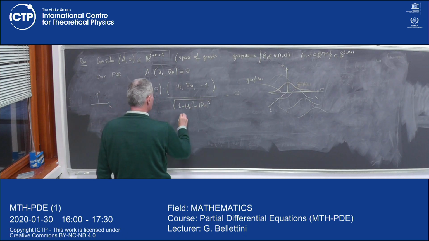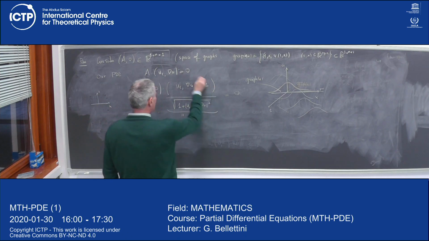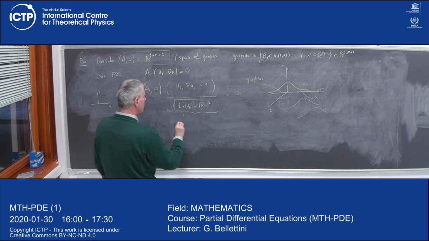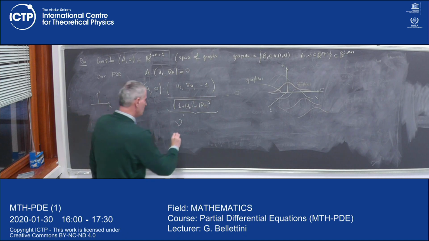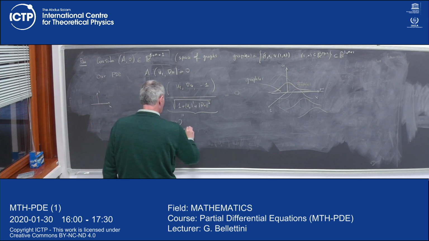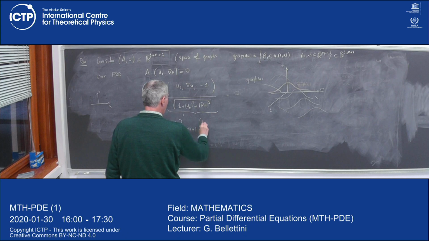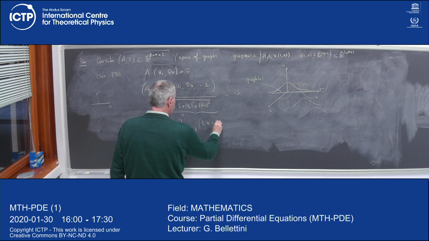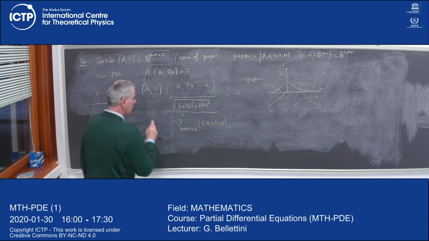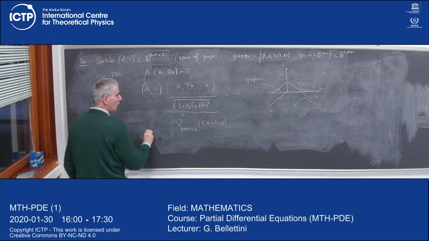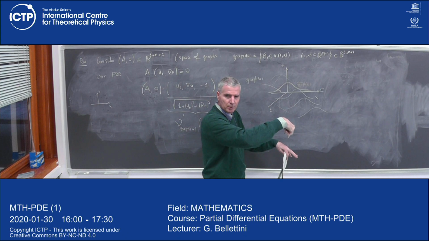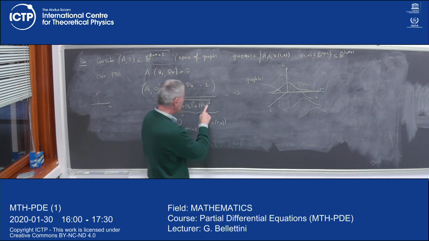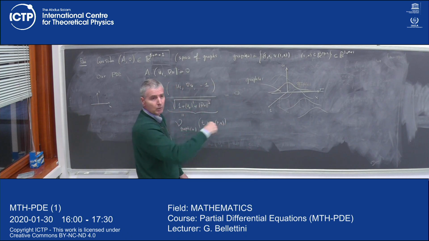This object here is the unit normal to the graph of u at the point (t, x, u(t,x)). Of course, if you have a surface, there are two unit normals, one and the opposite. I'm taking the one with the negative last component.